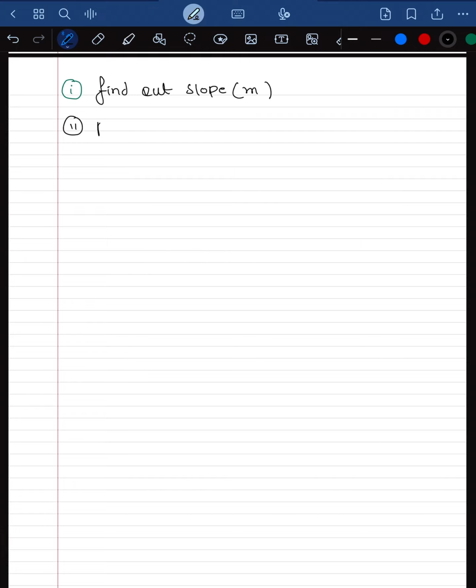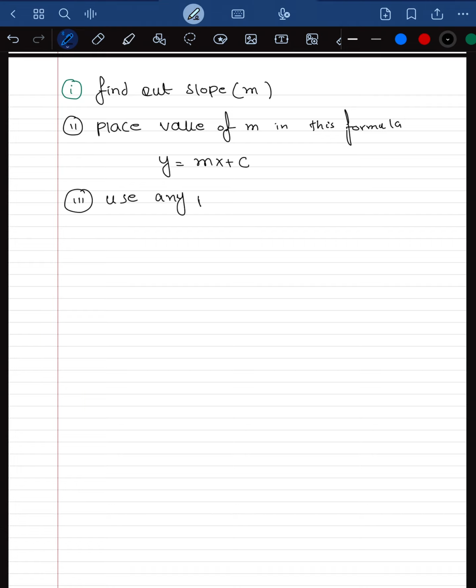Second, place the value of m in this formula that we have already learned: y is equal to mx plus c. And then the third, use any point to calculate the value of c.